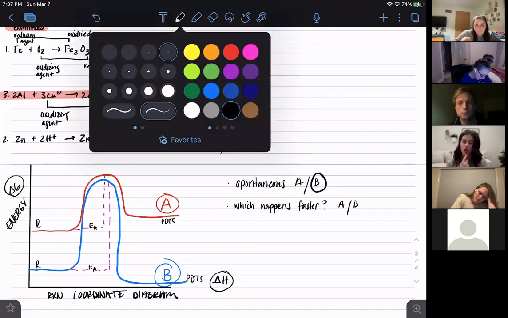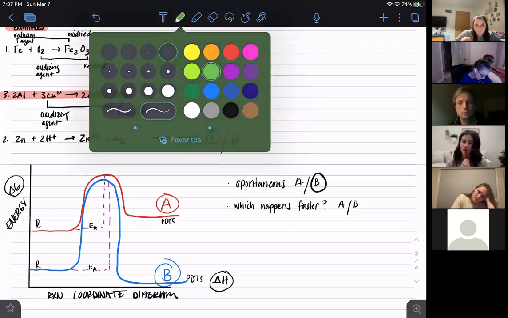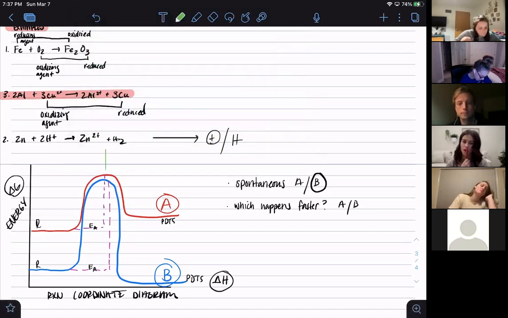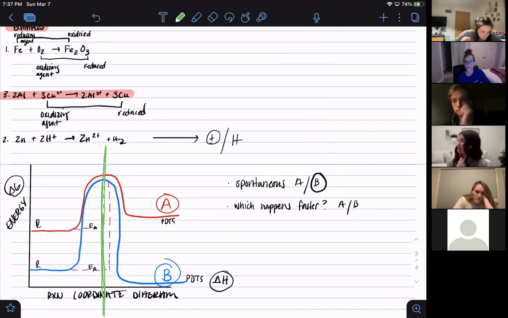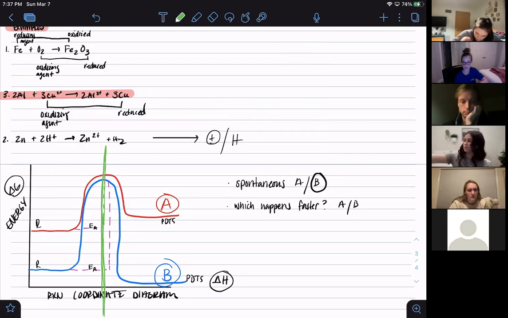Okay, let me throw out a common misconception. I don't care about the right side on this invisible green plane when I'm asking which happens faster. I'm talking about the left side.